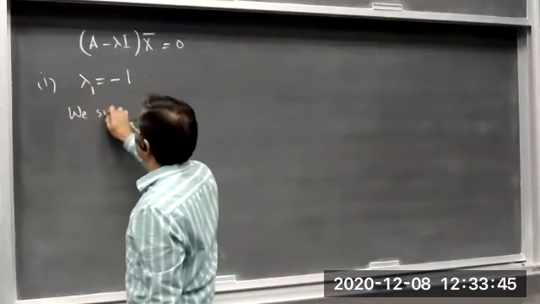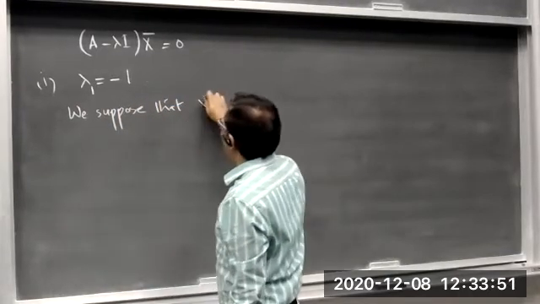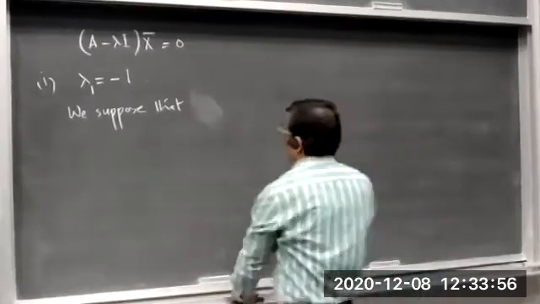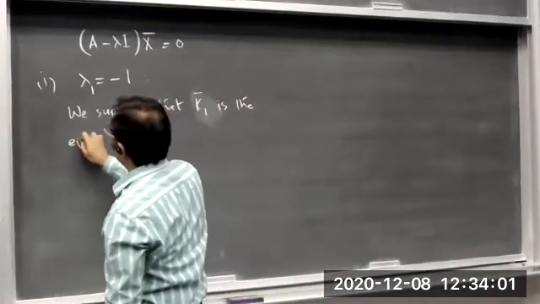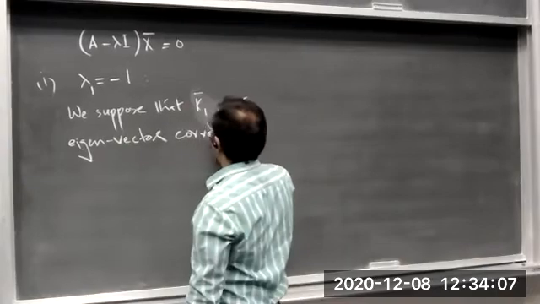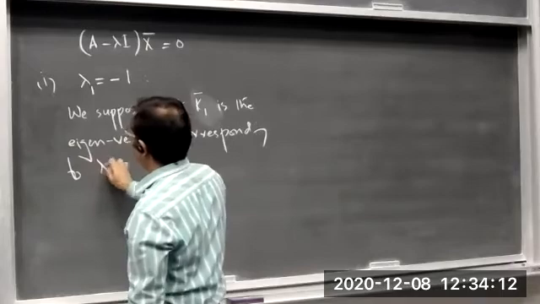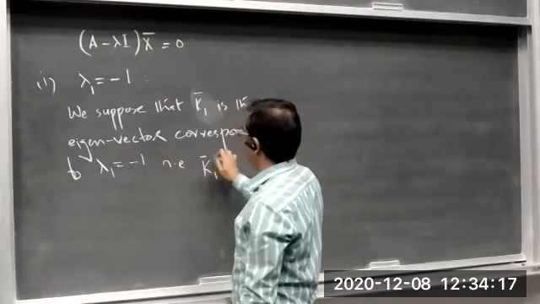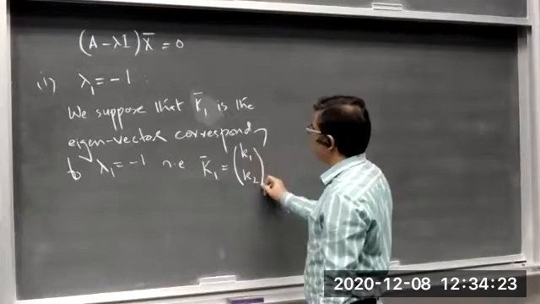We assume that x1, or you can say k1, is the eigenvector corresponding to the first eigenvalue lambda 1 equal to minus 1. That is, k1 is the vector (k1, k2).